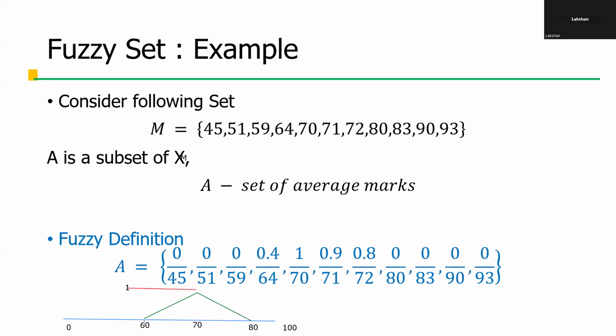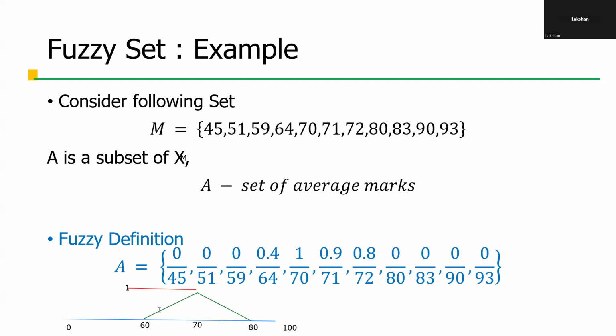Then from 70 to 60 and from 70 to 80, we have a linear increase or decrease. Since we have 10 numbers and we are going from 1 to 0, for each one number that we are going away from 70, that can be 69 or 71, we are reducing 0.1 from the membership value.